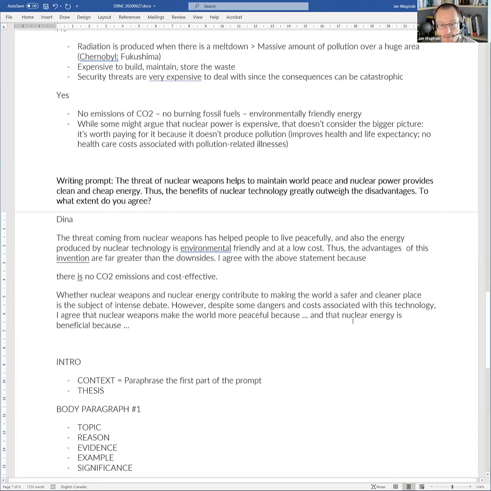Okay, I agree that nuclear weapons make the world more peaceful because, what is your reason? This is environmentally friendly, right? Well, the first part is I agree that nuclear weapons make the world more peaceful because. Don't overthink this.